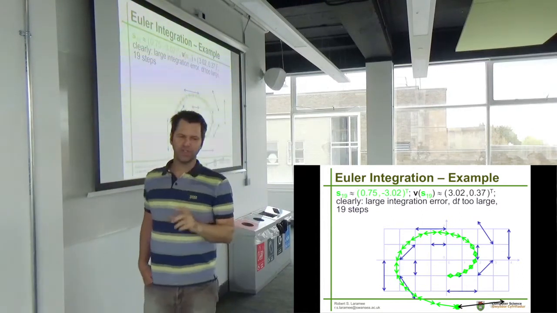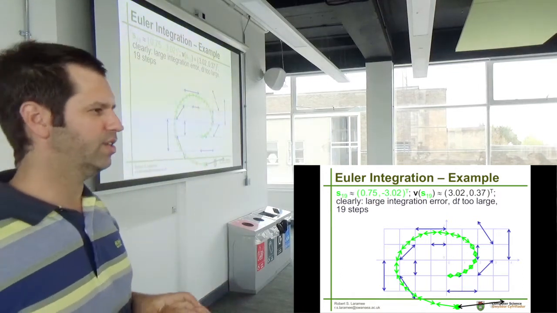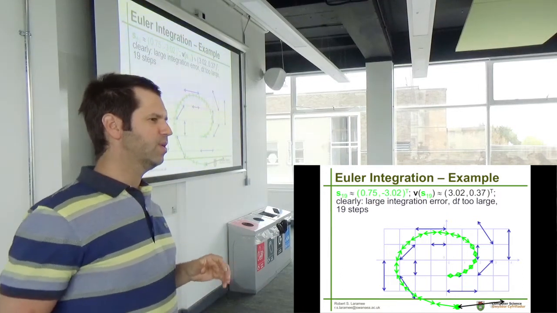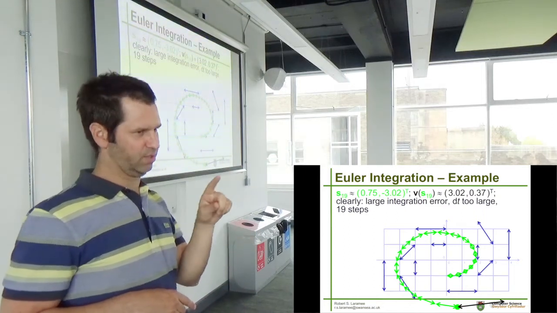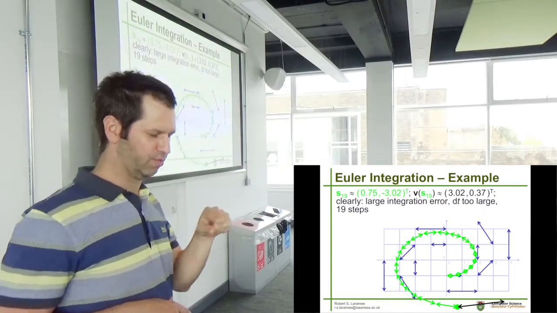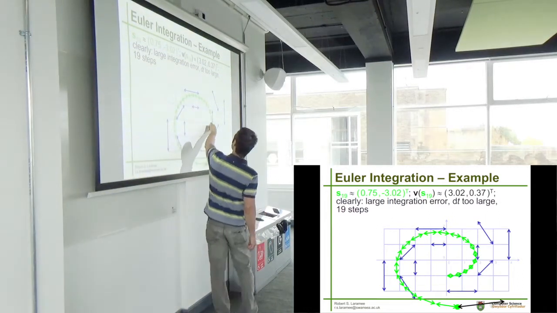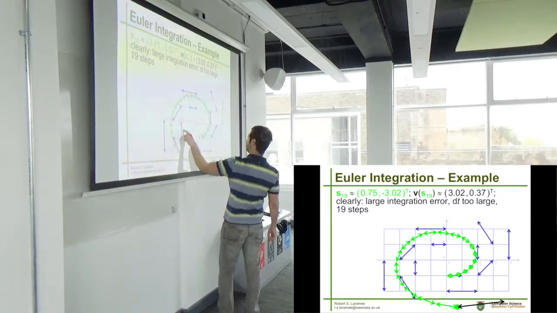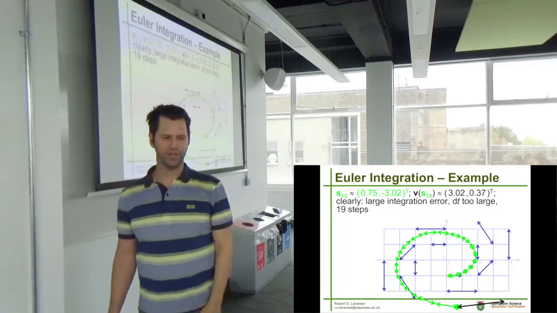Now remember, this is an approximation of the curve, which means there's some error. The perfect curve in this case is actually an ellipse. If there's no error, this would be an ellipse. It would start here, it would pass through here, and it would go right back to the origin. But there's some error here.